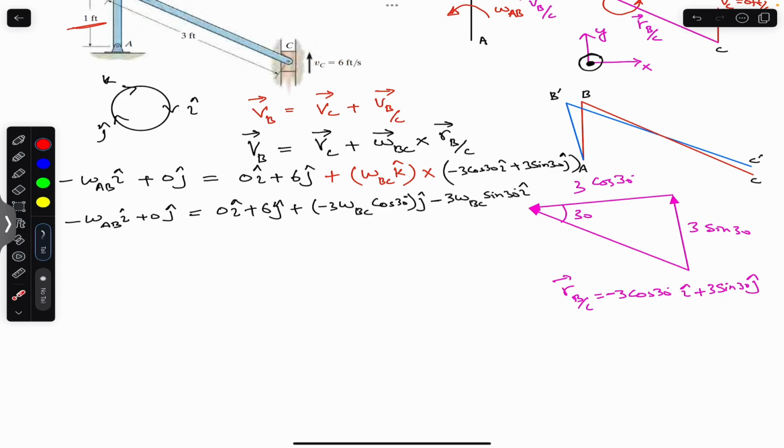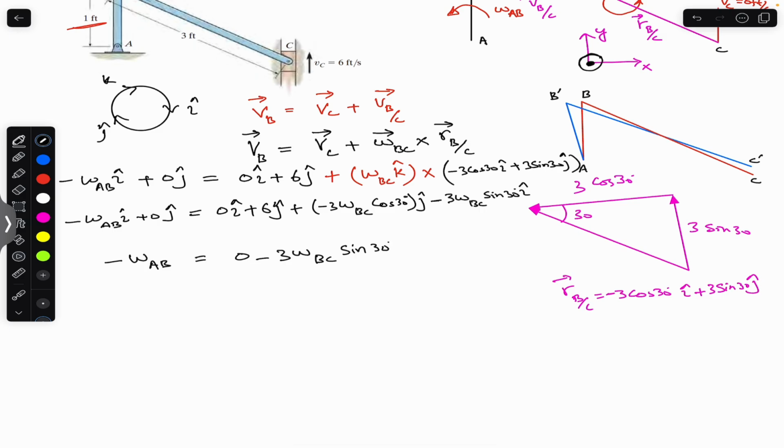Now we can compare both sides of the equation. We will compare i component with i and j with j. So here we have 0i and this. We can write minus omega AB. From this side, this is minus omega AB, which will be equal to 0 minus 3 omega BC sine of 30.